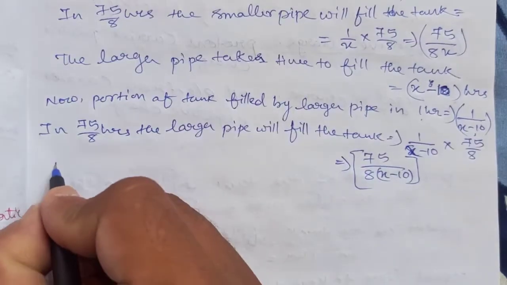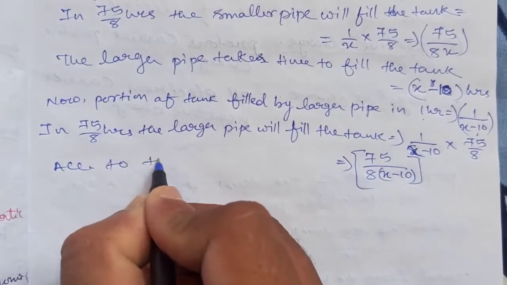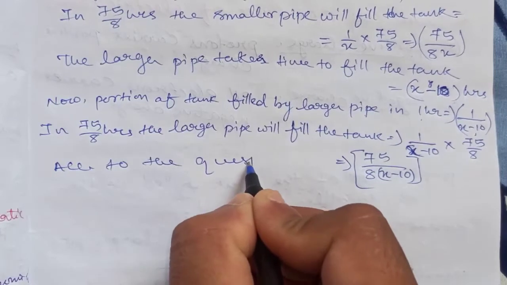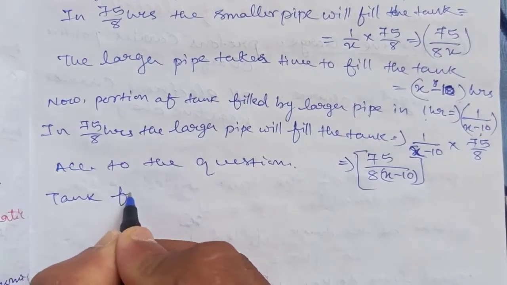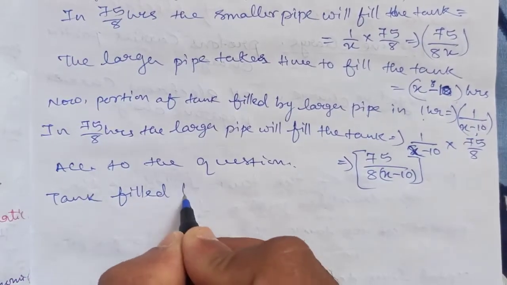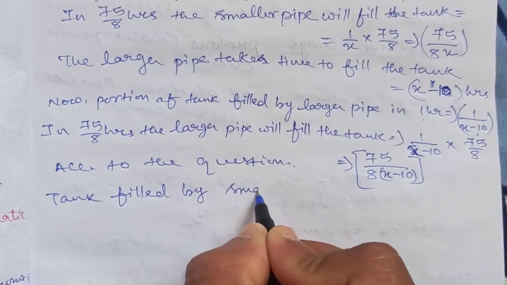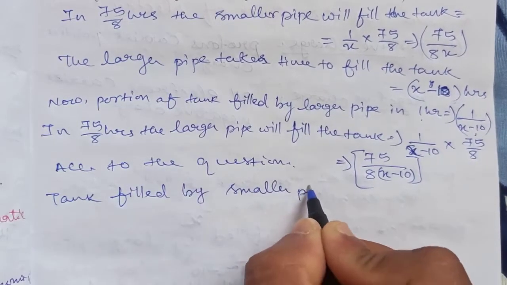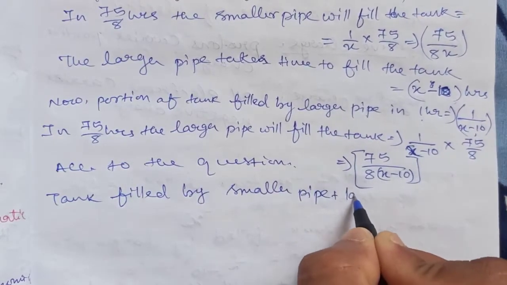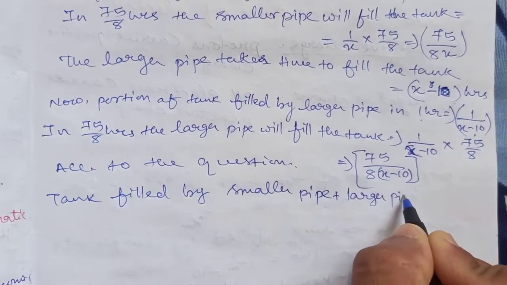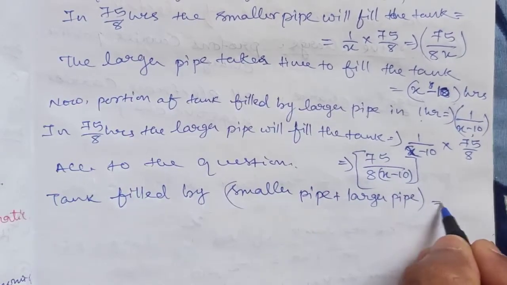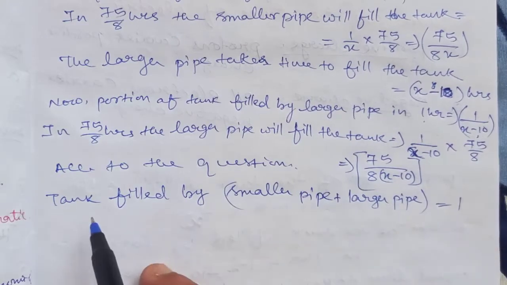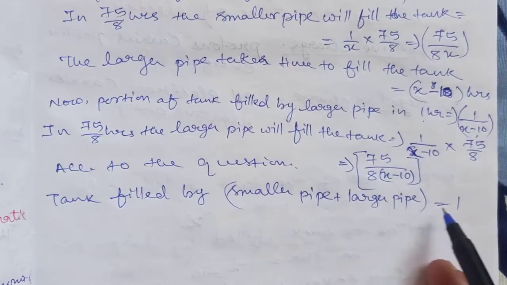Now according to the question, the tank filled by the smaller pipe plus the larger pipe equals 1.